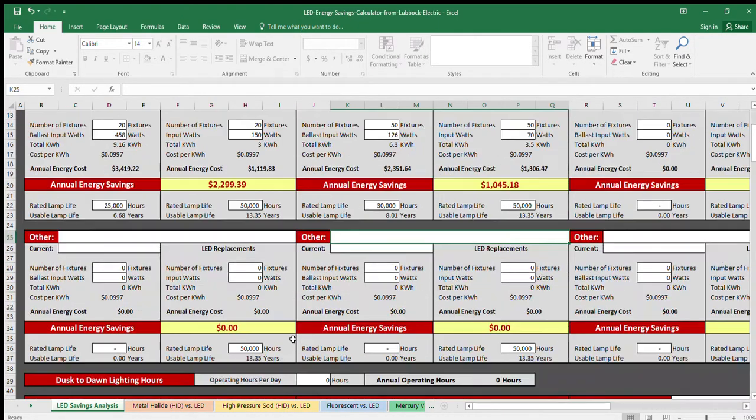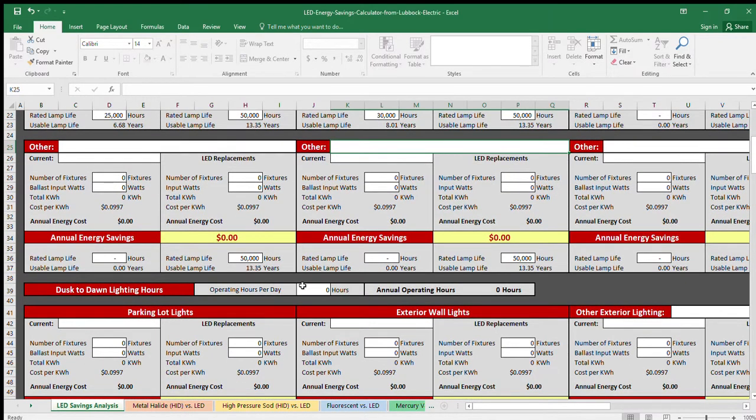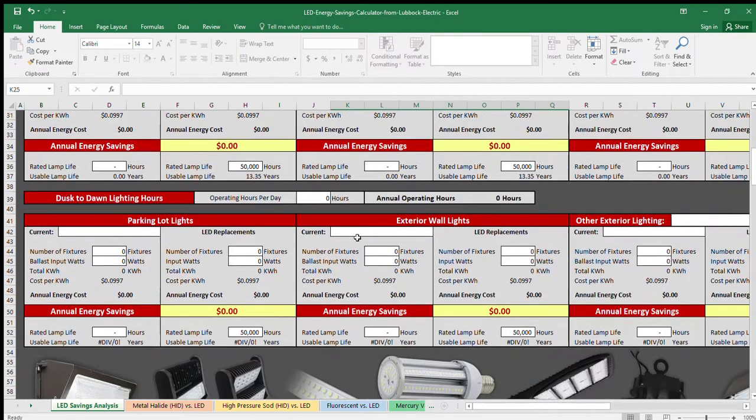We know that you have exterior lights too that operate from dusk to dawn, so we need to account for these as well. We'll go ahead and put in 12 hours per night. And we're going to suppose that you have high pressure sodium lights.